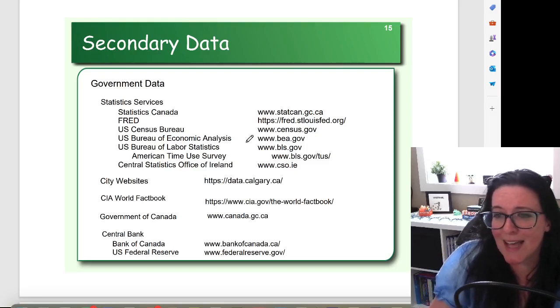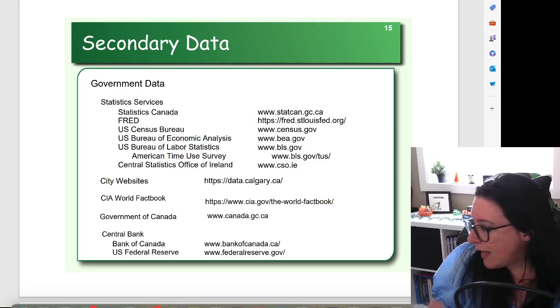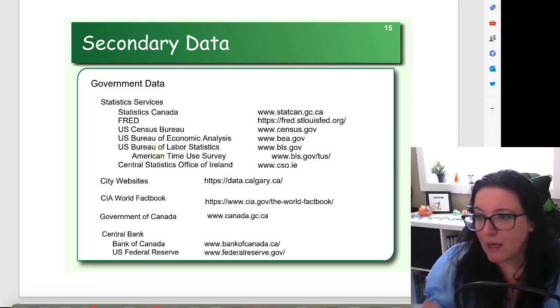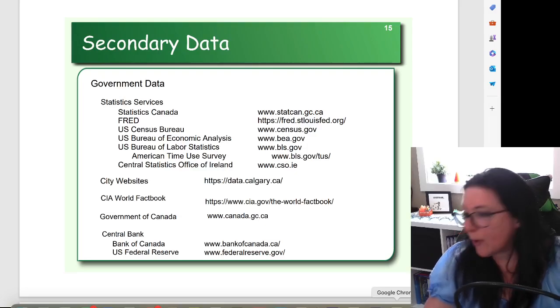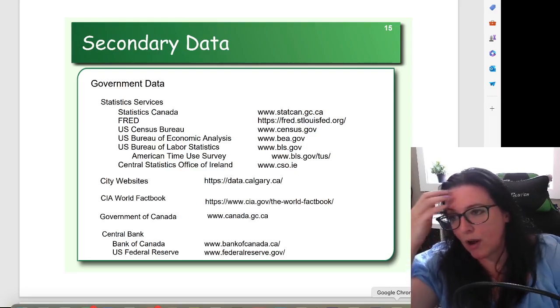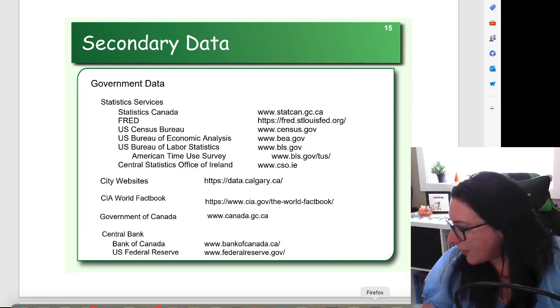All right, so we're looking at data collected for other purposes. There is data being collected by towns and provinces. A bunch of money was given out across Canada to make available data related to municipalities.